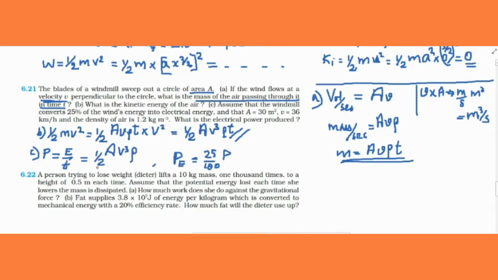So first you calculate half A V cube rho. Its 25% is converted to electric power. So you will get the answer, the electric power produced. So that's about question 21.